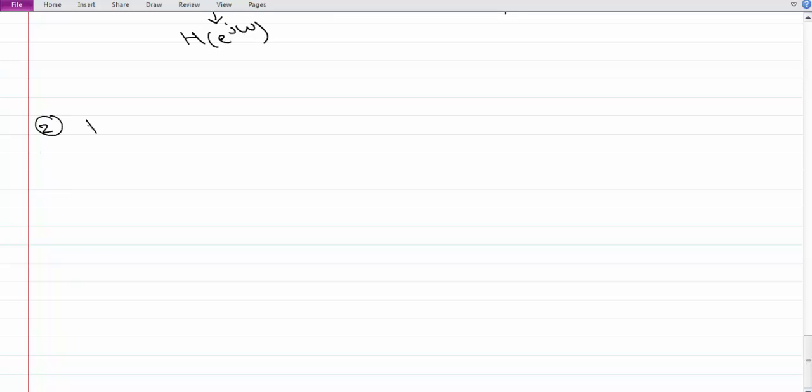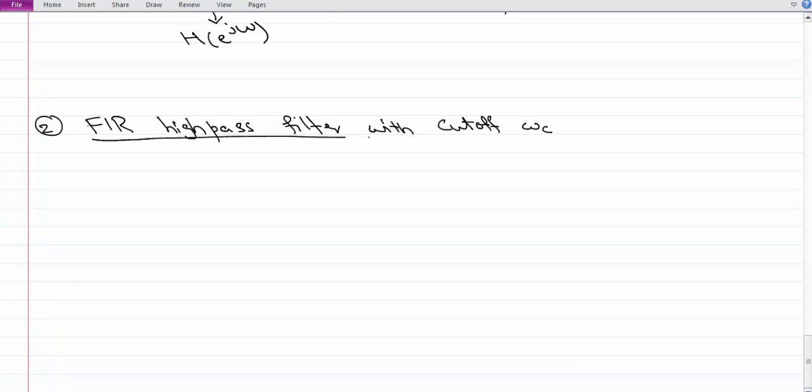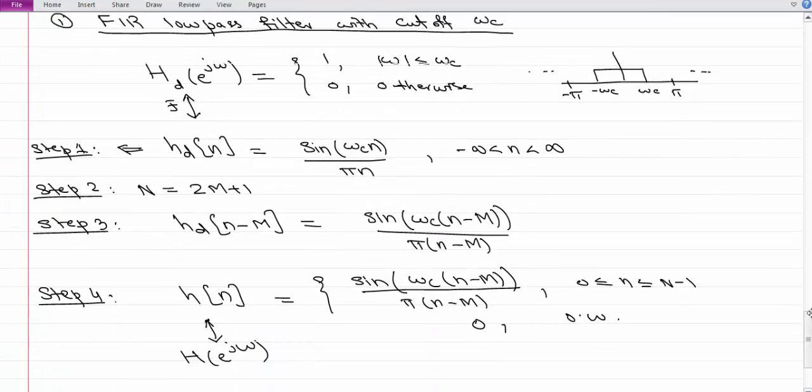The second example is, you could say we are interested in an FIR high pass filter with cutoff omega c. So again, in that case, the desired frequency response is 0 up to omega c, and 1 for omega between omega c and pi.